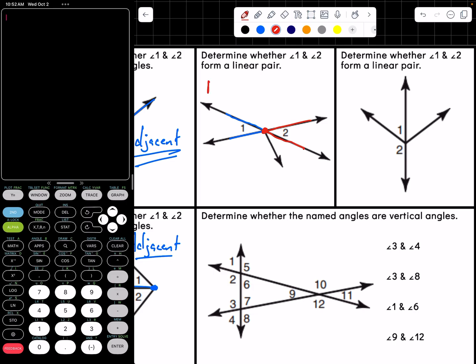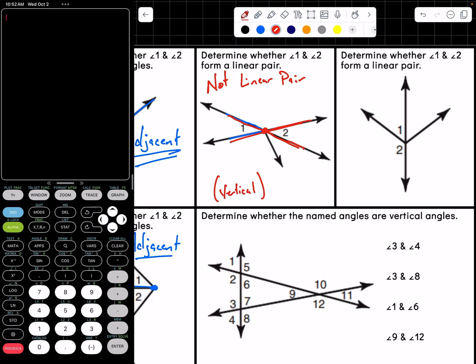These are not a linear pair. They are, in fact, vertical angles because you can see they are opposite angles formed by the intersection of two lines, a pair of angles that are opposite each other that share only a vertex.